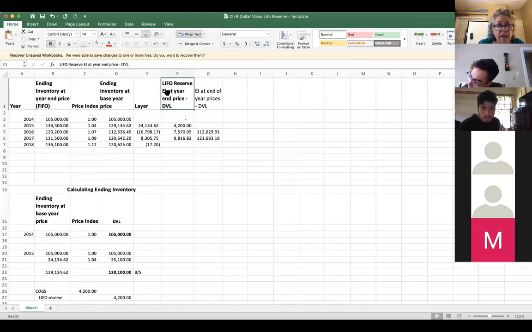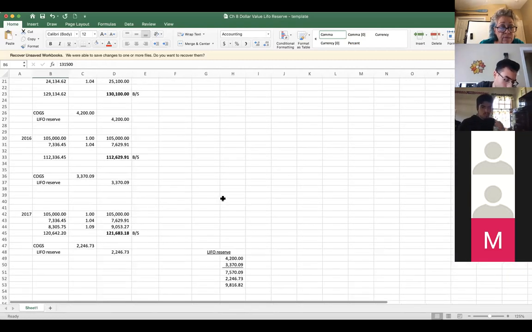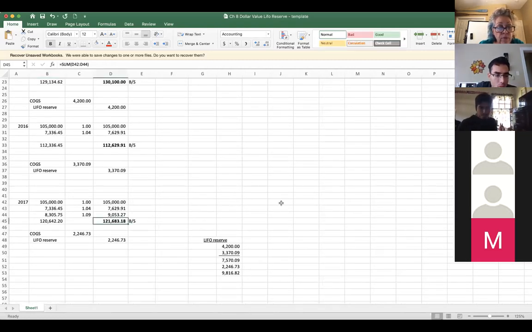So my ending inventory at year-end price is 131,500. Put that in your calculator. My DVL is 121,683.18.